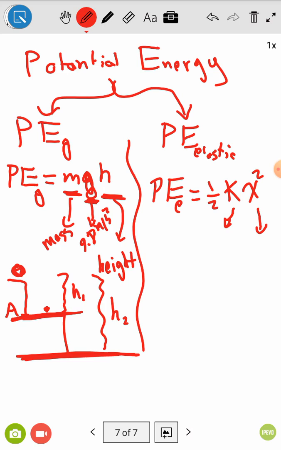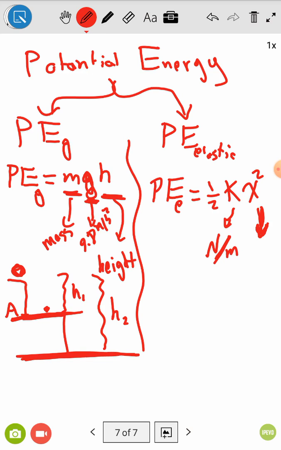Now, elastic potential energy. We said x is the distance compressed or stretched, and we care only about how much it is compressed or stretched to find the amount of elastic potential energy. k is called the spring constant, and its unit is newton per meter.